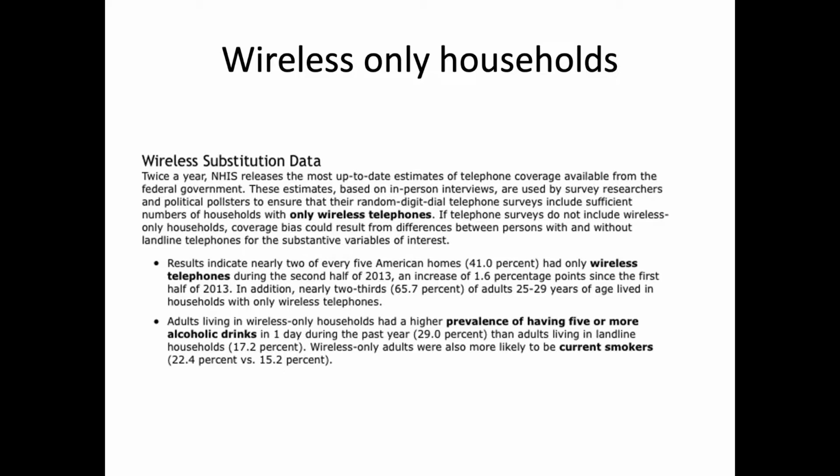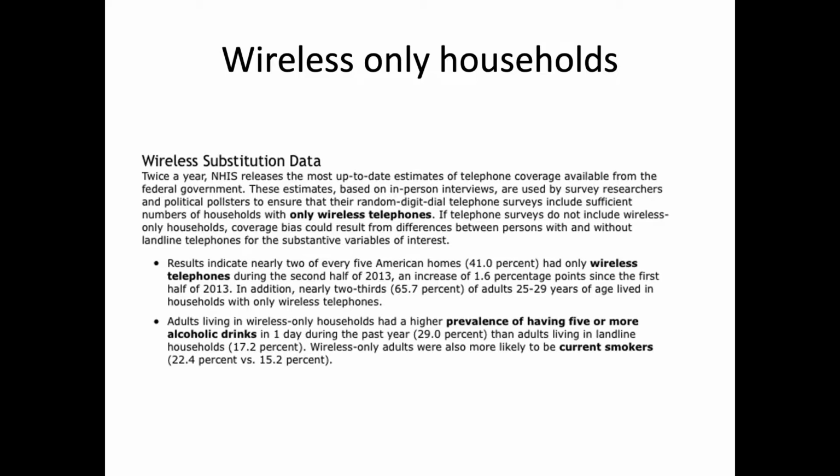One last word about the wireless-only households. So the National Health Interview Survey releases data that can help survey researchers ensure that the random digit telephone surveys include sufficient numbers of households with only wireless telephones.